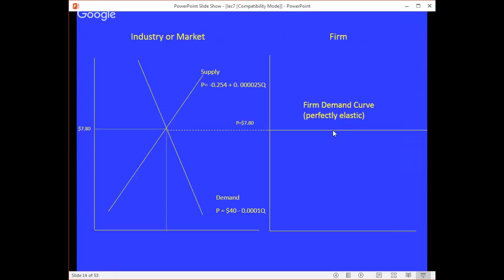In other words, I can produce as much as I want, but the price that I charge is going to be 780. It's going to be along this demand curve. And the firm's demand curve under perfect competition is simply a flat horizontal line, and that means its demand is perfectly elastic.